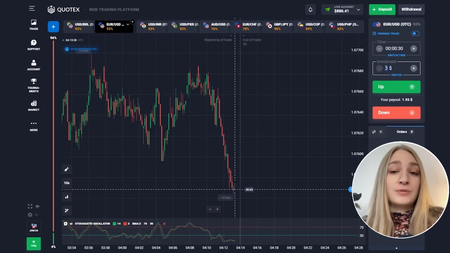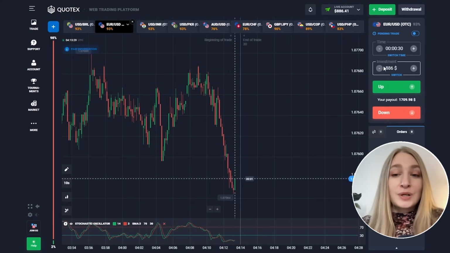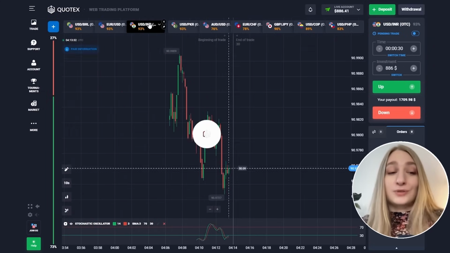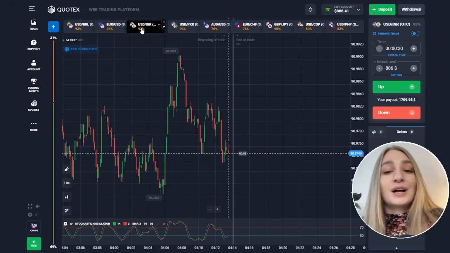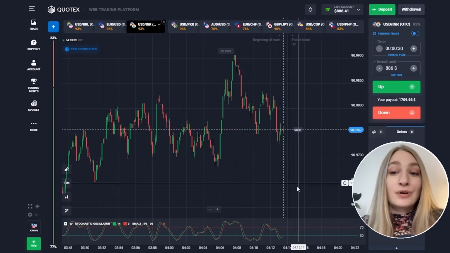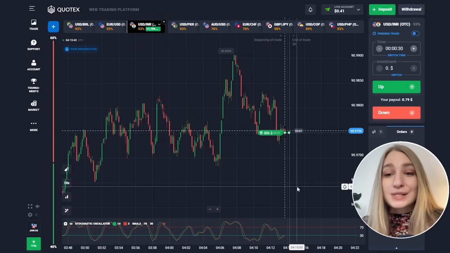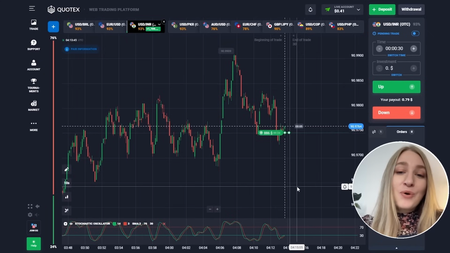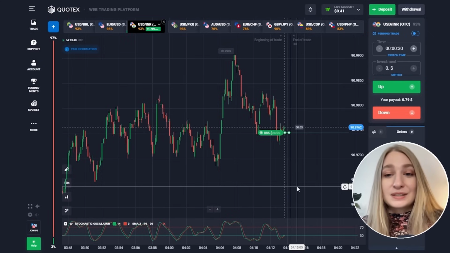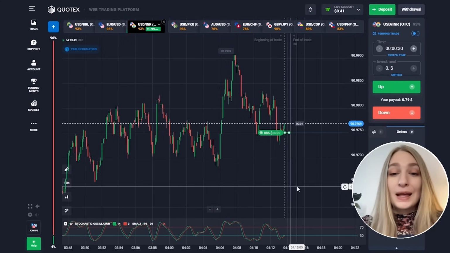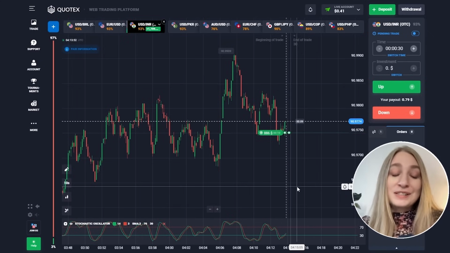We'll change the amount of the deal, and we'll look further for a situation that fits our trading strategy. And that's where I see a good situation. Here I open on the upside and wait for our trade to close in the plus. At this point the Stochastic indicator also has a line going up, so we open the deal in the same direction.